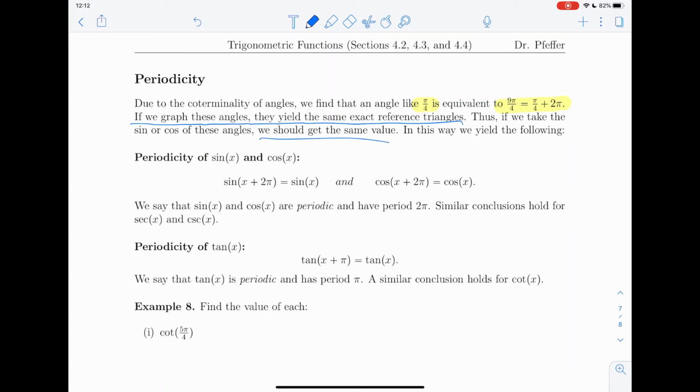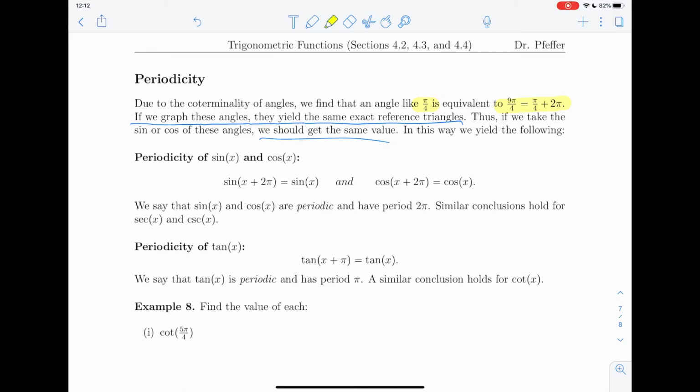So what that means is that sine and cosine are now going to be referred to as periodic functions, where a period is the amount of input that elapses before you get the same value back. Meaning that the sine of pi over 4 and the sine of 9 pi over 4 are going to be the same, because 9 pi over 4 and pi over 4 are coterminal, meaning they're off by 2 pi.